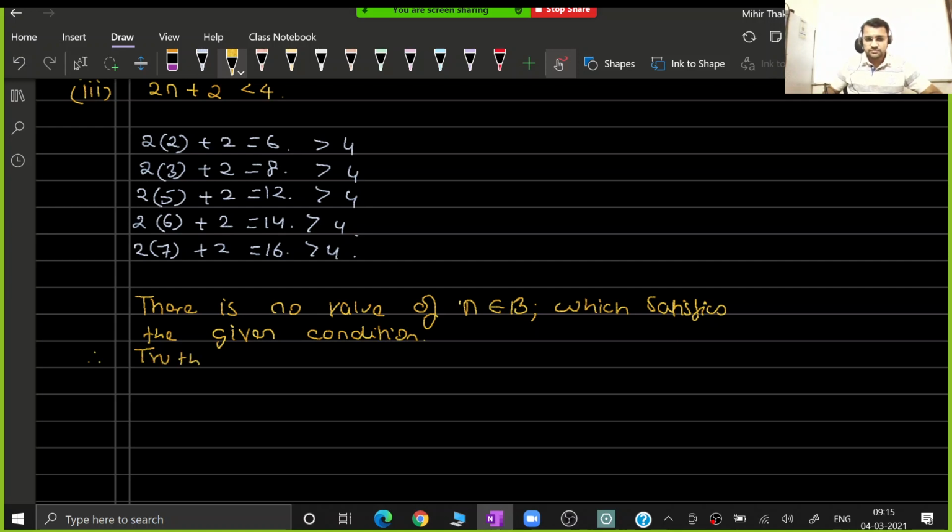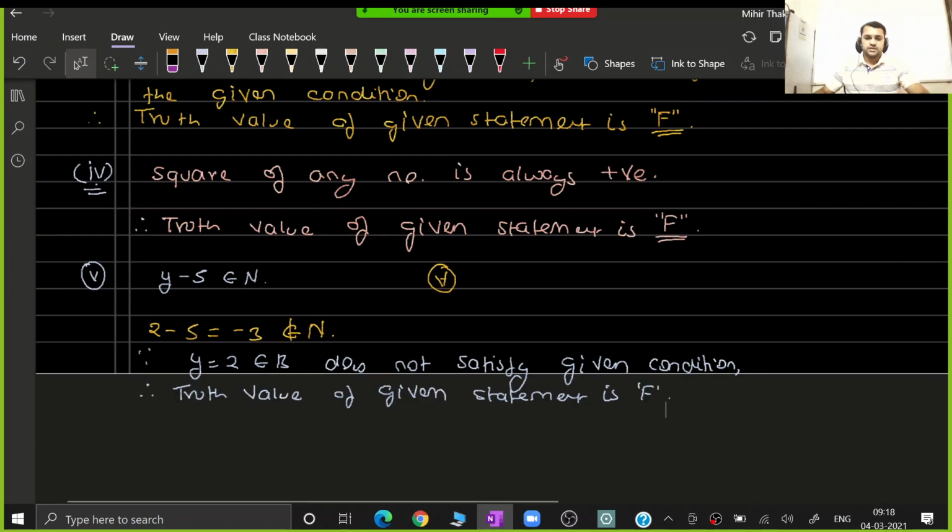Therefore, truth value of the given statement is false. Have you followed this, beta?